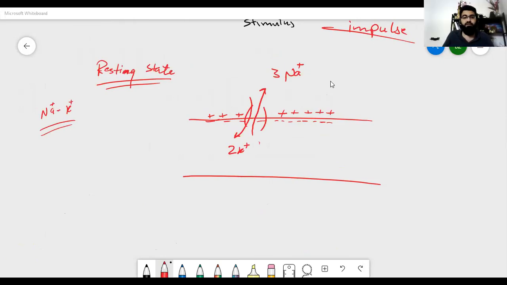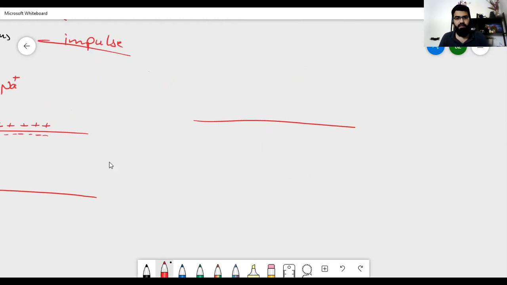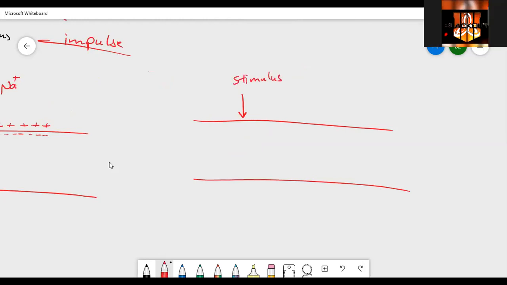We said if there's a stimulus in the neuron, or something triggers the neuron like this, if there's a stimulus at this point, what will happen? The Na plus channel will open.